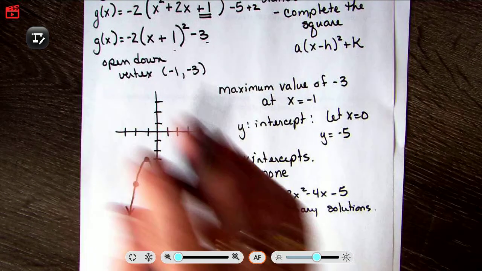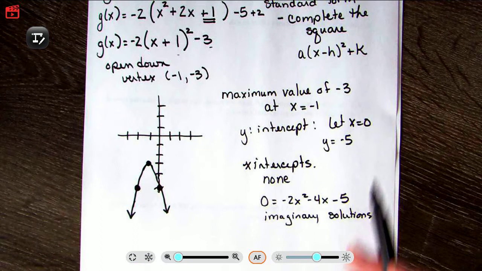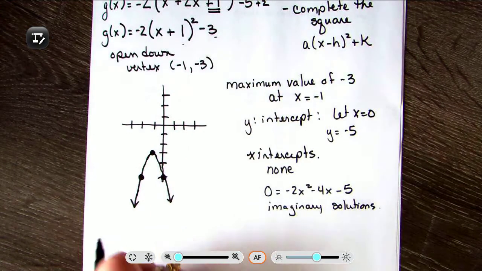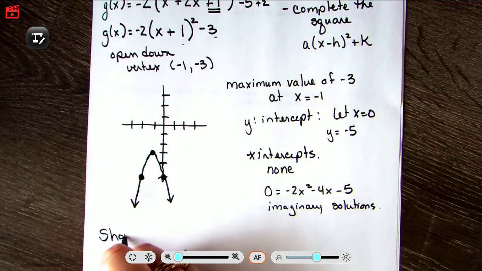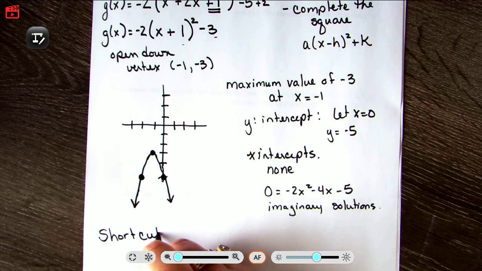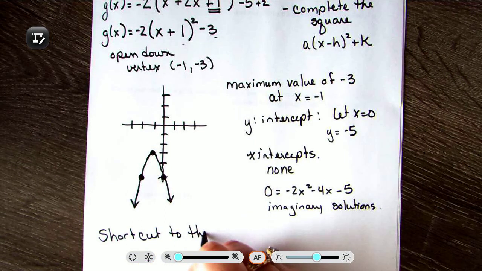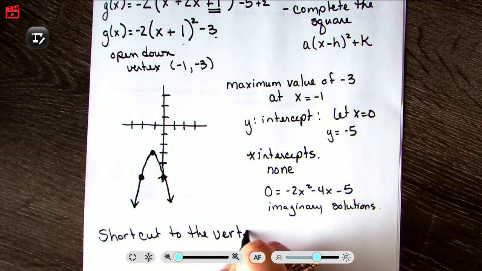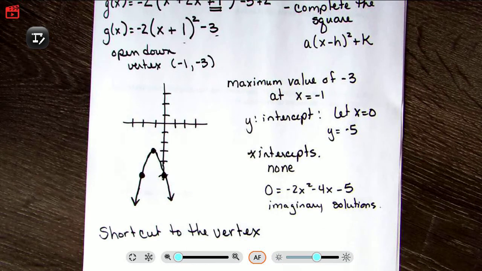Okay, we can get this vertex. So there's a shortcut to the vertex. And in the textbook, it does go through where that vertex happens.